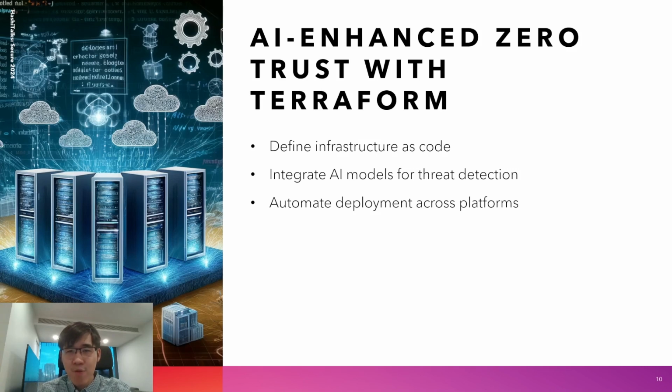Now, where does Terraform fit into the picture then? Well, you can define infrastructure as code with generative AI and enhance zero trust, hence with Terraform. You can integrate the AI models for threat detection into your workloads and automate the deployment across the different platforms that you already have.